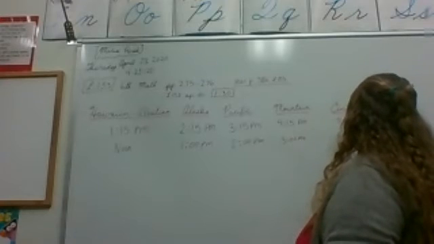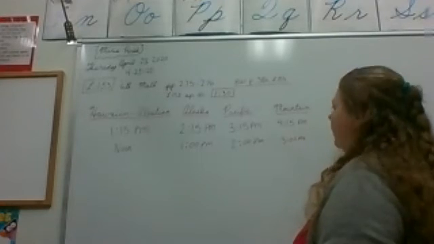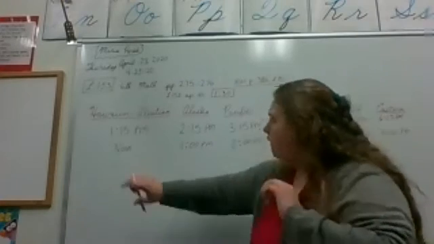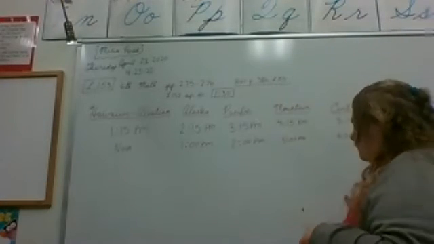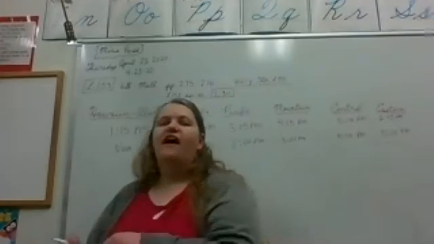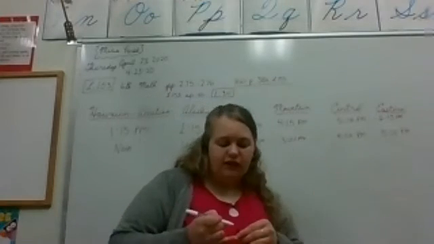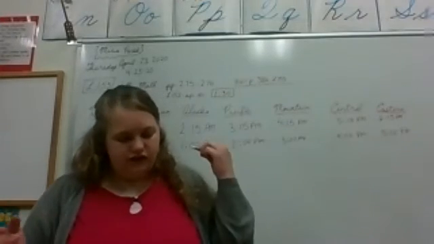And 5 PM. So they're eating lunch, they're eating dinner. Central might be eating dinner if they're older. This is really the simplest way to do it.